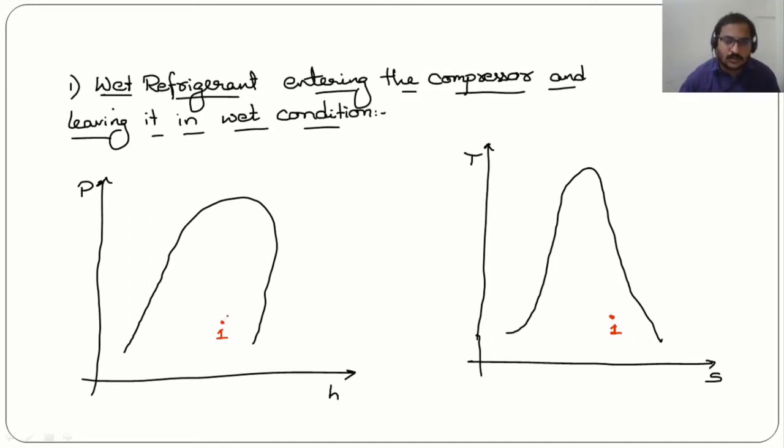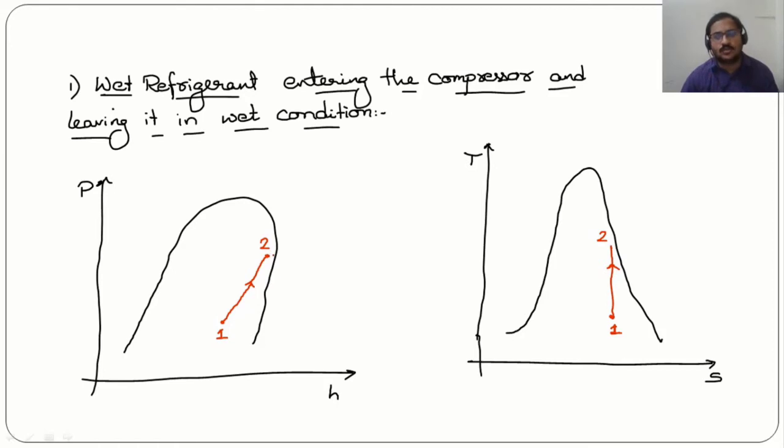Then process 1 to 2 is isentropic compression in the compressor. So isentropic compression means 1 to 2 will be like this. Then here in isentropic compression, the pressure increases and at the same time enthalpy increases due to compression. So 1 to 2 is represented like this.